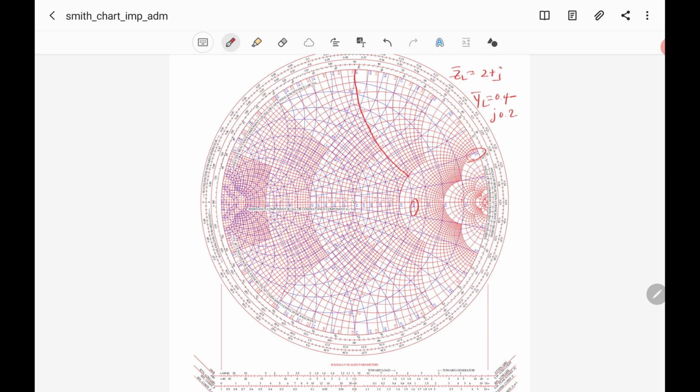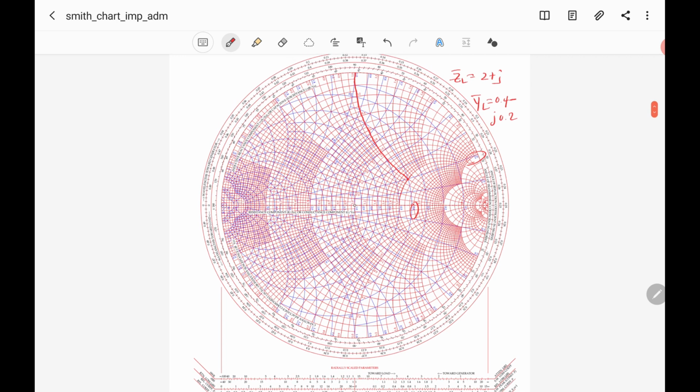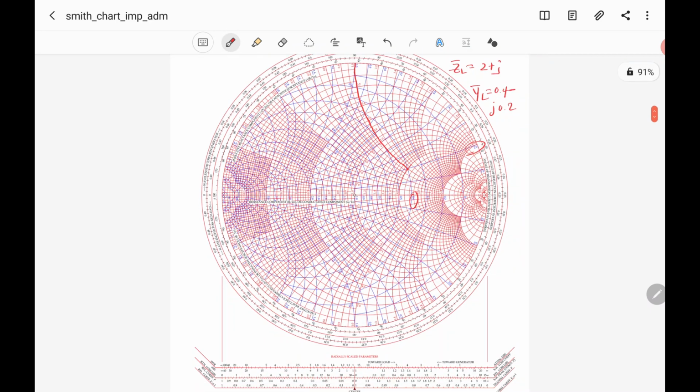For this chart, we don't need to rotate 180 degrees because this chart already has all the conversion inside. So you can just use this value, which is the same, right? No matter which chart we use, the value should be the same. If the value is the same, then you are doing it the correct way.